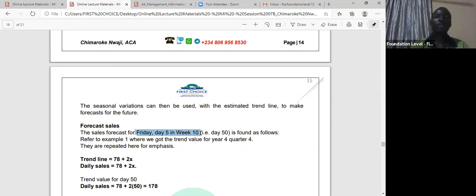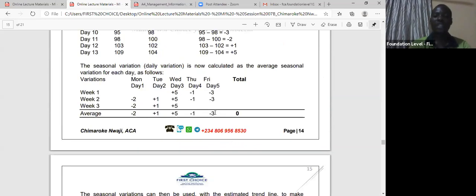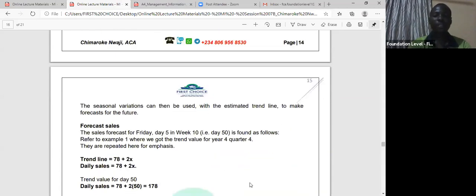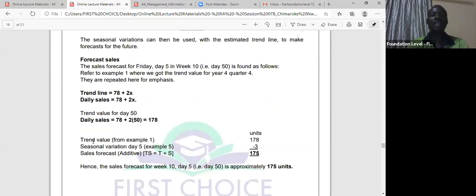So you'd be under week 10, under day 5. So all you'll be looking at is the day 5 figure. So week 10, day 5 is where you will see your day 50. So look at what we'll do. From our trend analysis, which we got from example 1, we got 178.